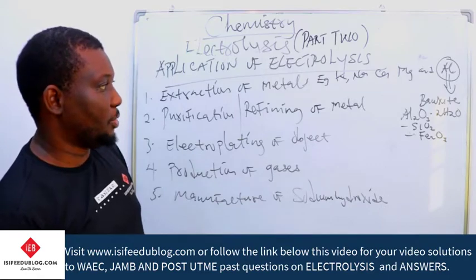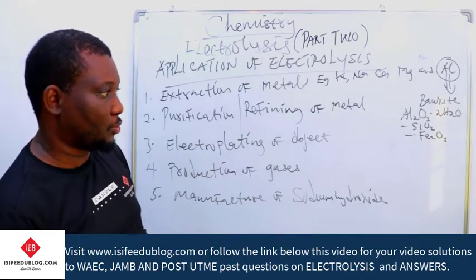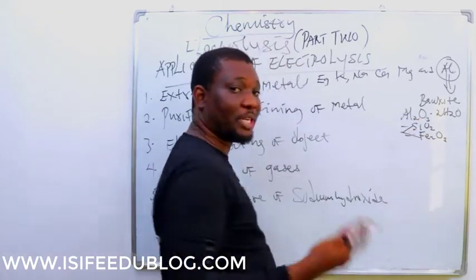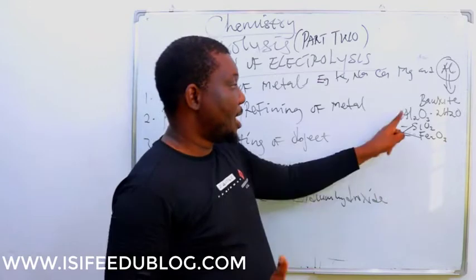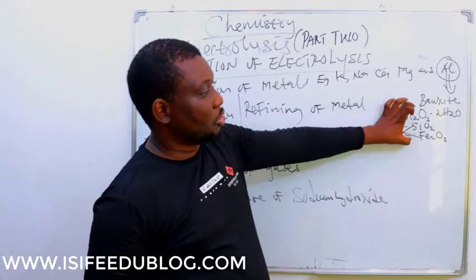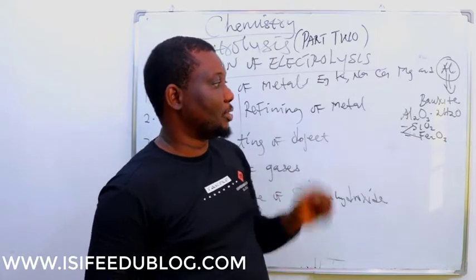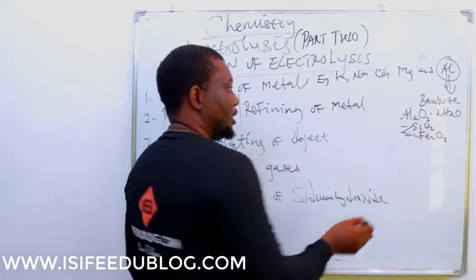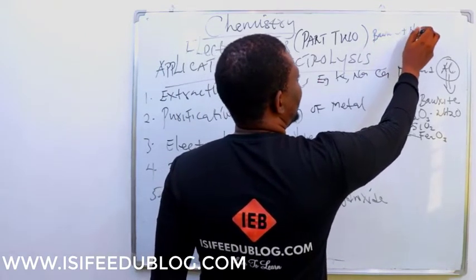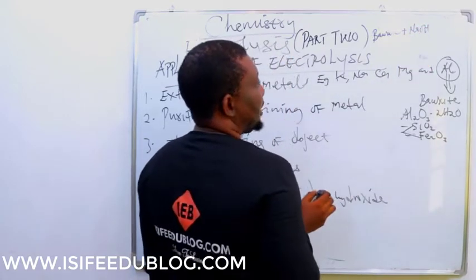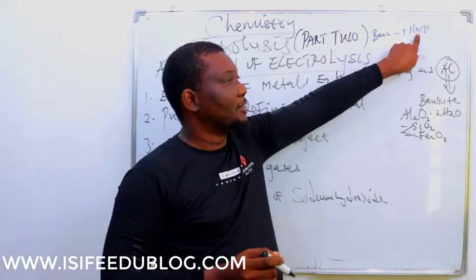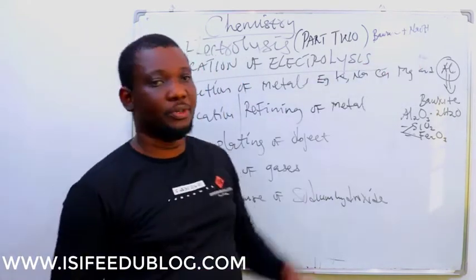In the extraction of aluminium, if I want to obtain aluminium from bauxite, I will try to get rid of these two oxides. They are non-amphoteric, not as amphoteric as aluminium oxide. So if I react bauxite with sodium hydroxide, the aluminium oxide content in bauxite dissolves in sodium hydroxide, being amphoteric.